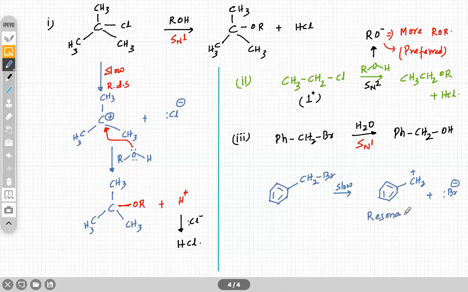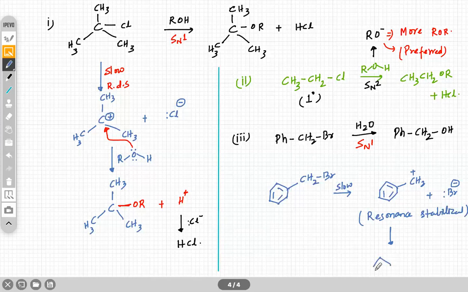And this carbocation is resonance stabilized. We have discussed resonance already. Hence it is a stable carbocation and it can form in this reaction, and that is why the path of the reaction is Sn1. Once you get this, there will be an attack of the nucleophile, that is H2O.